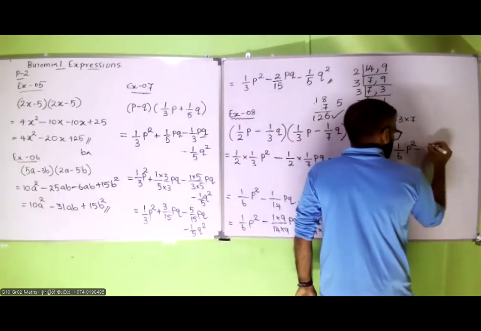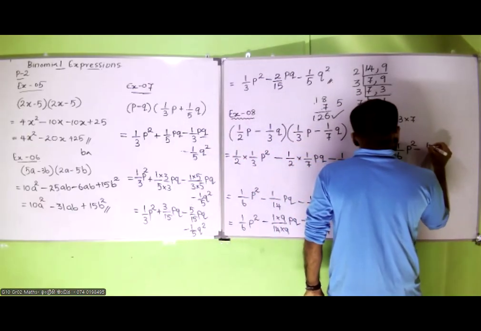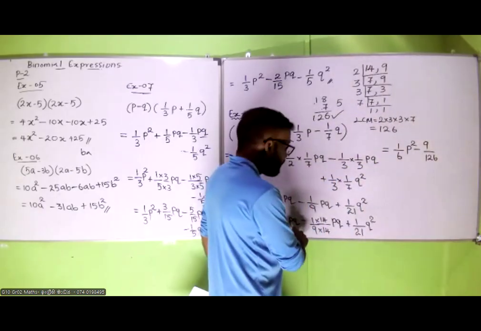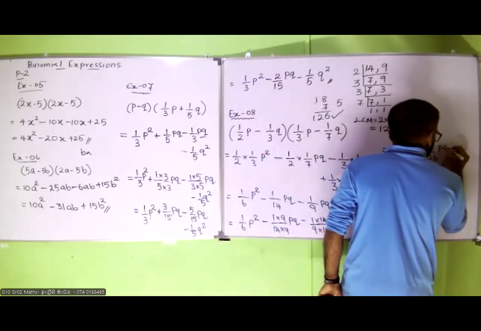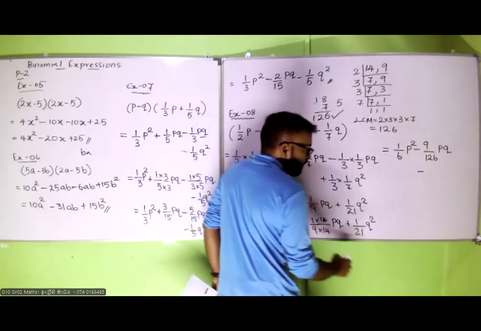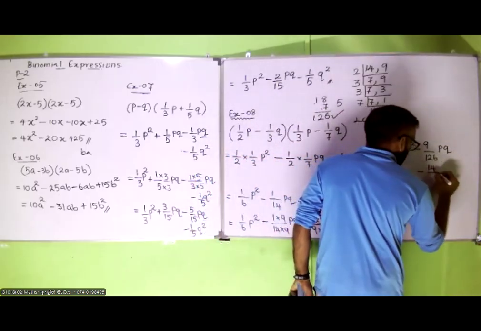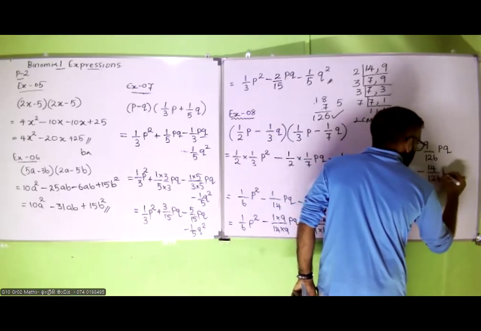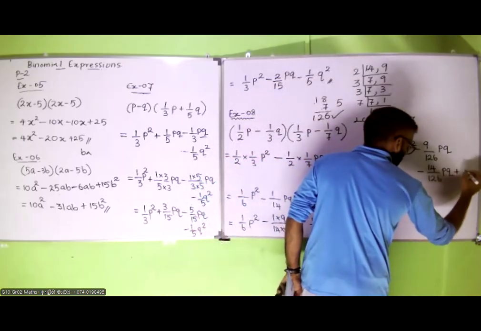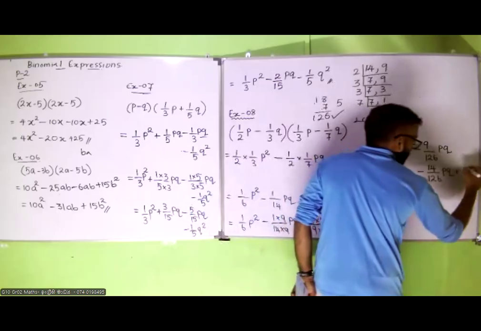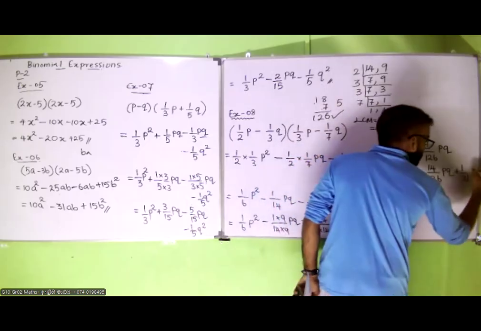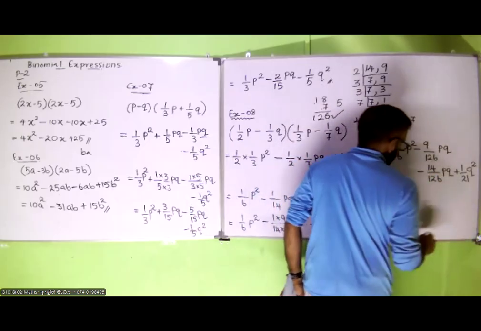Right? 9 over 126 p cube, right? Here 14 over 126 p cube plus 1 upon 21 q square, right?